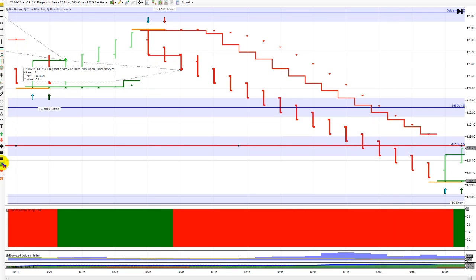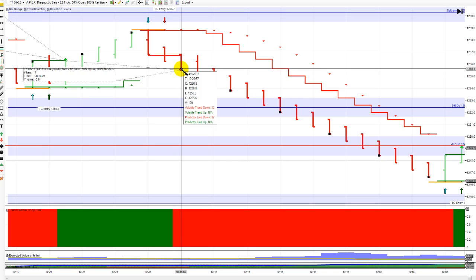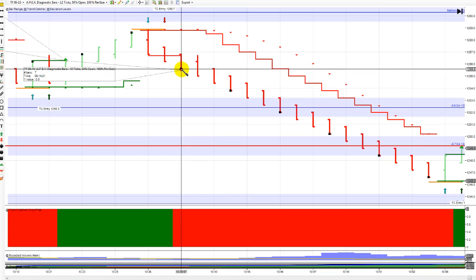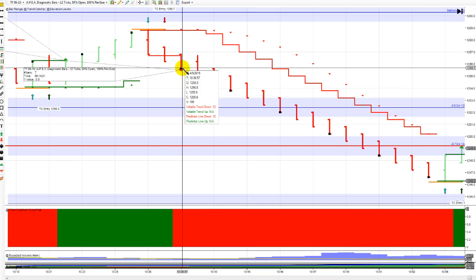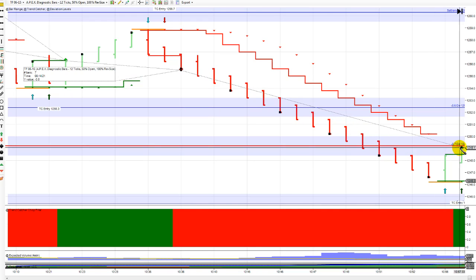And we need to place a buy order a tick above. And let's see here. Oh, what was the low? The low is 1256.5, so 0.5. All right.